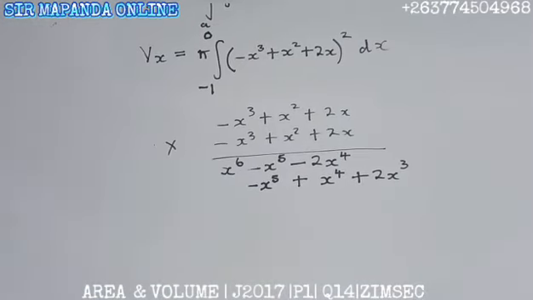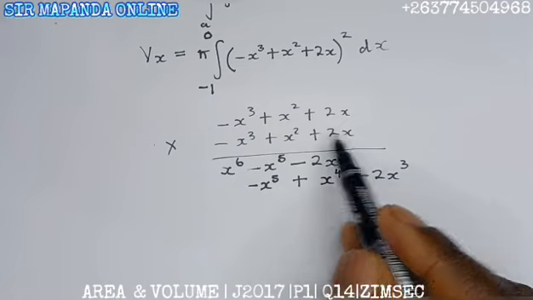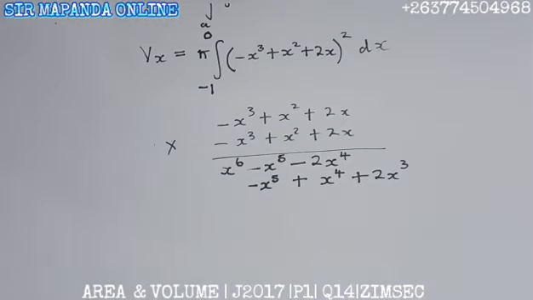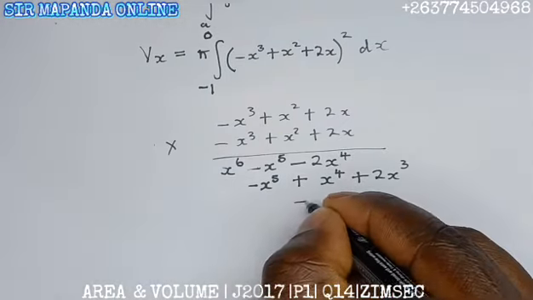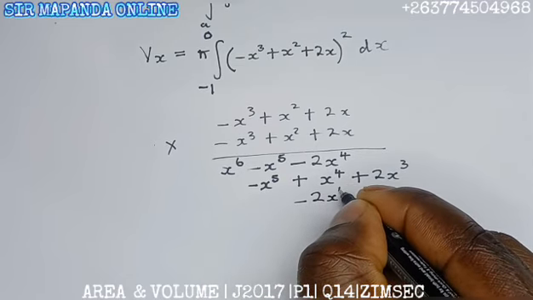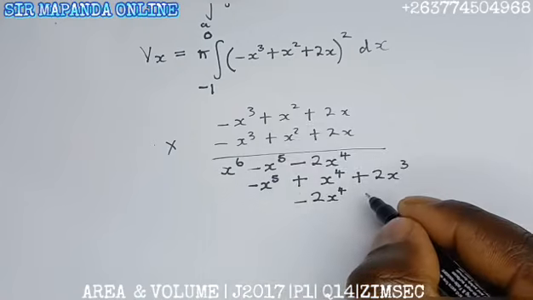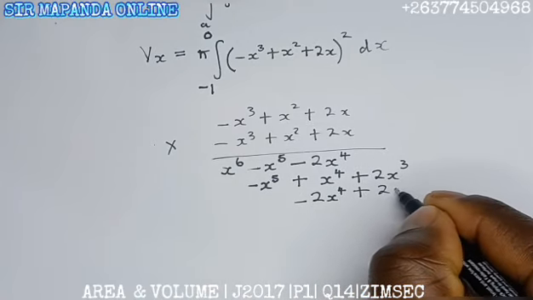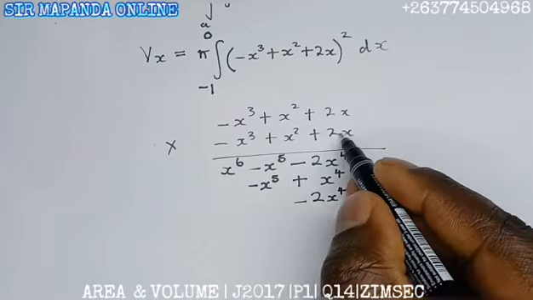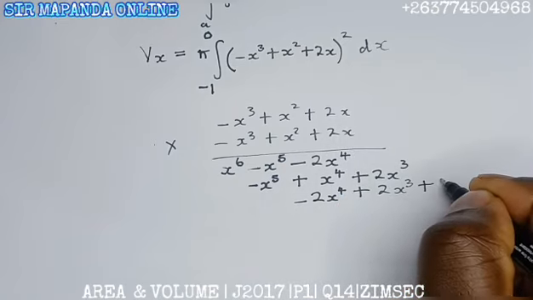Something like this. You are now multiplying with 2x. 2x times minus x cubed, you get minus 2x to the power of 4. 2x times x squared, you get plus 2x to the power of 3. Then 2x times 2x, you get 4x squared.